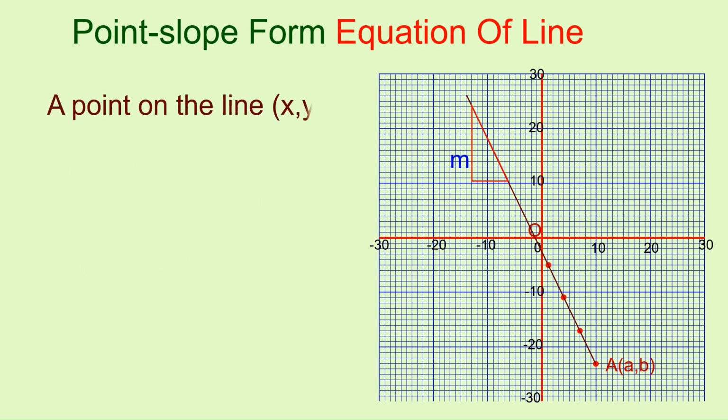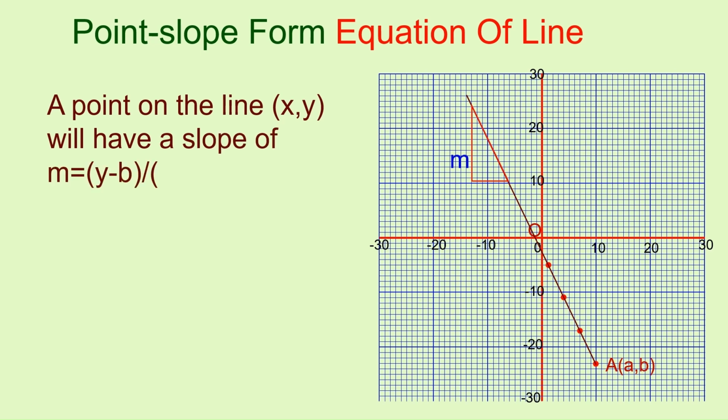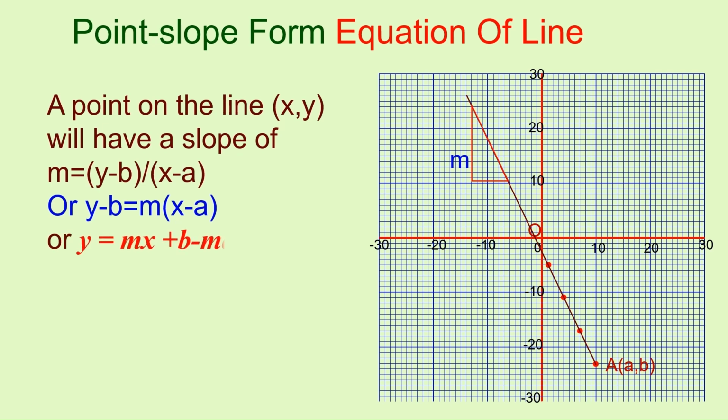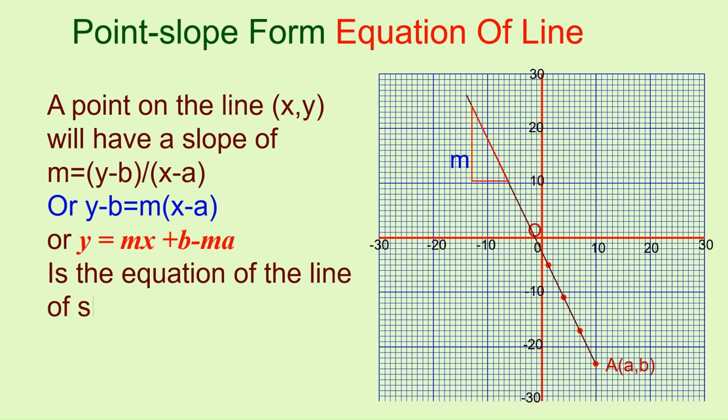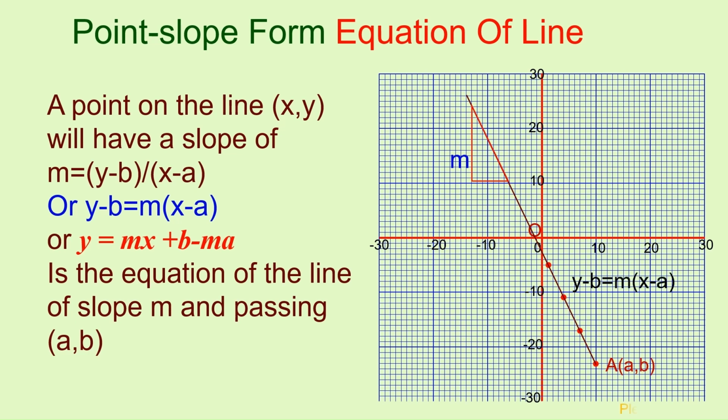A point on the line (x, y) will have a slope of m equals (y minus b) divided by (x minus a), or y minus b equals m times (x minus a), or y equals mx plus b minus ma, which is the equation of the line of slope m passing through (a, b).